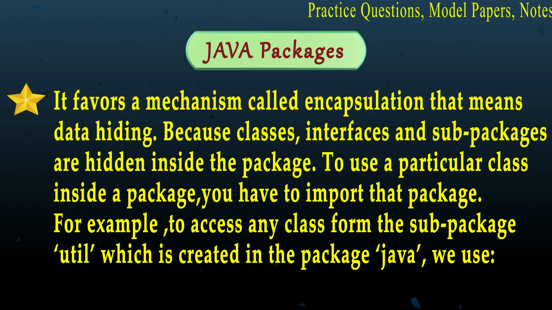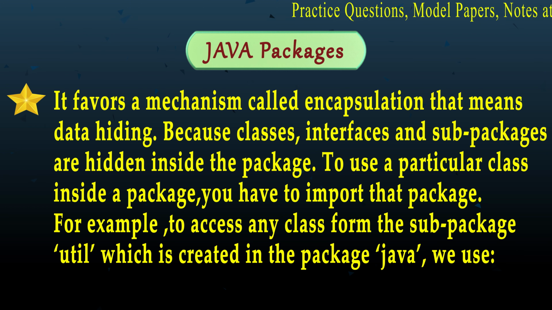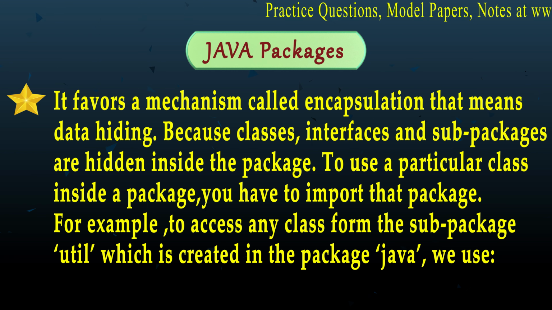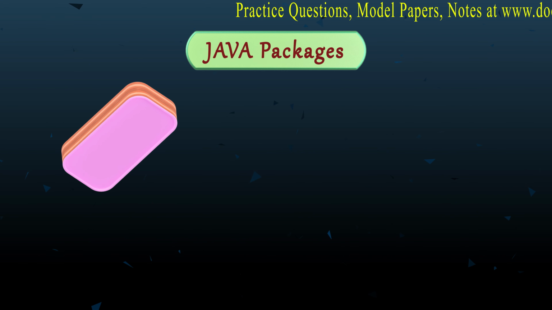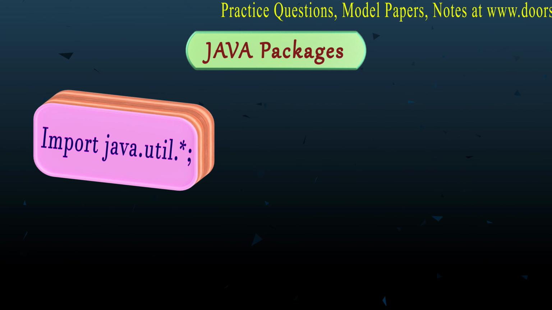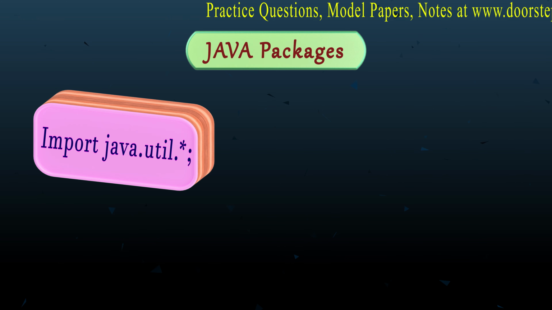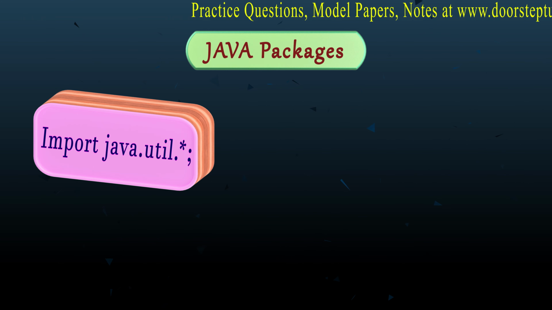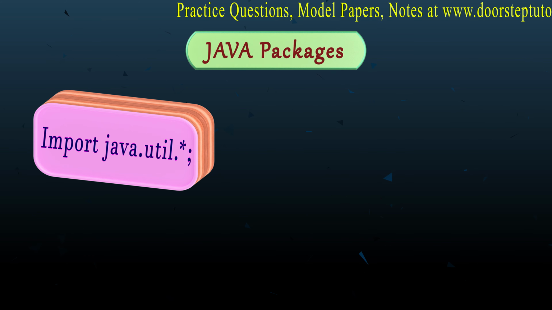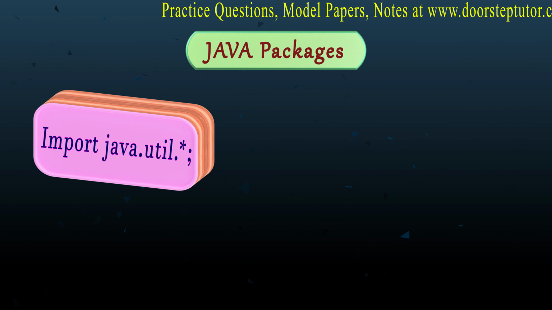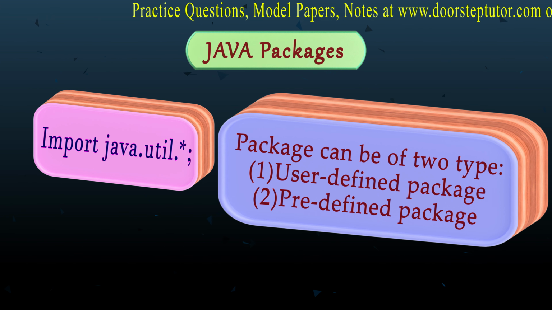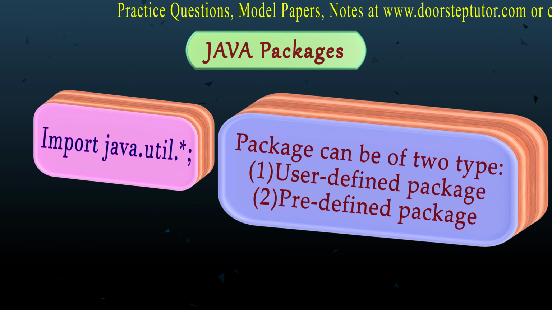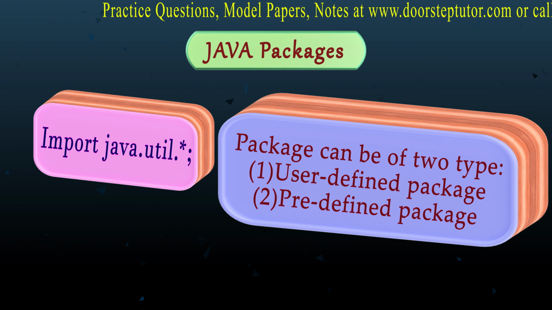It will have classes, interfaces, sub packages, etc. In order to use the packages, we need to import. We need to write one simple line in our Java program like import java.util.asterisk. Asterisk means that whatever utilities are provided in the util package will be imported to our program. Next, we are having two types of packages: user defined and predefined. These are the two types under Java packages.